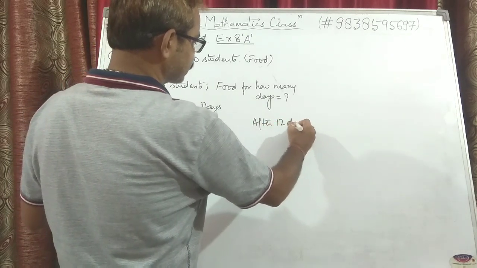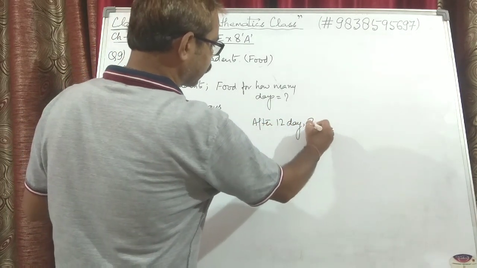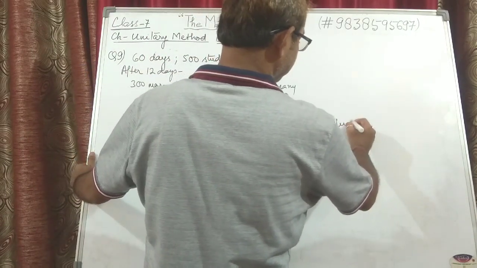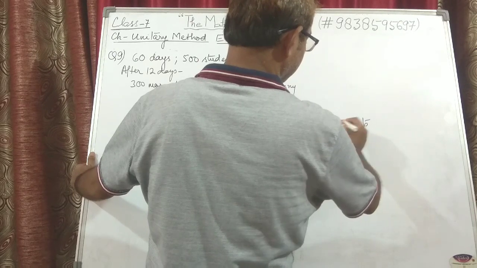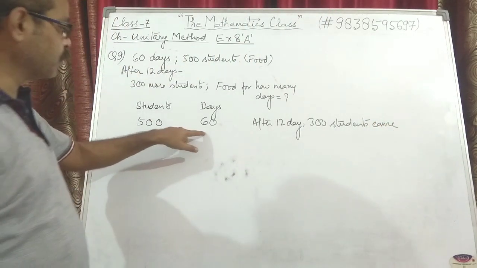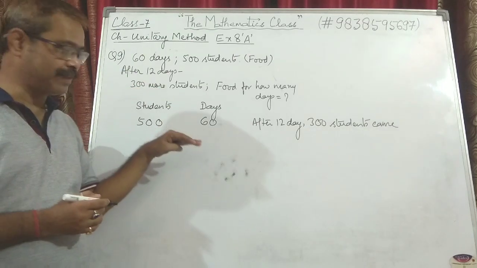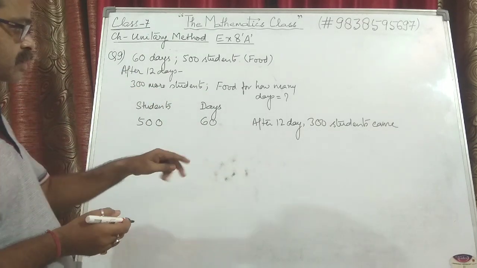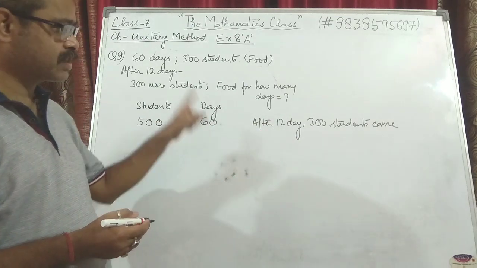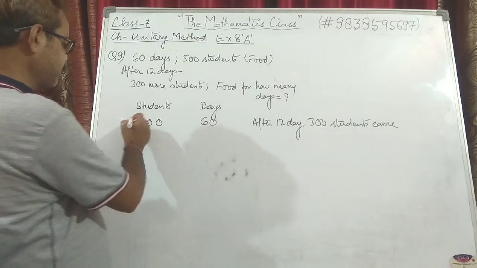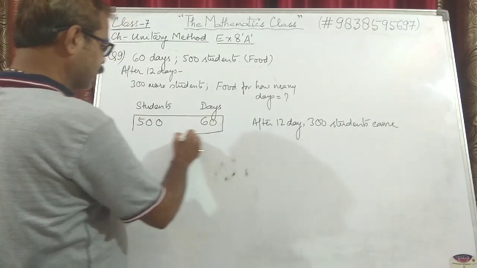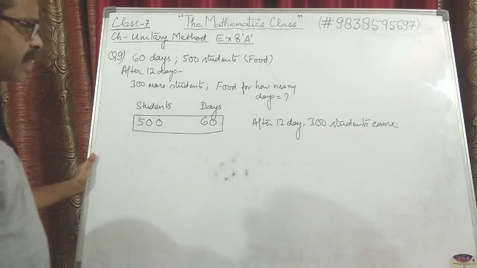After 12 days, 300 more students came. It means this food was utilized for 12 days for 500 students. So after 12 days, how many days are still left in 60 days? 48 days. So this will not be taken into account. This was only to make you understand.